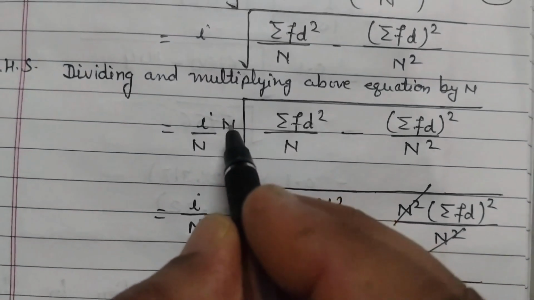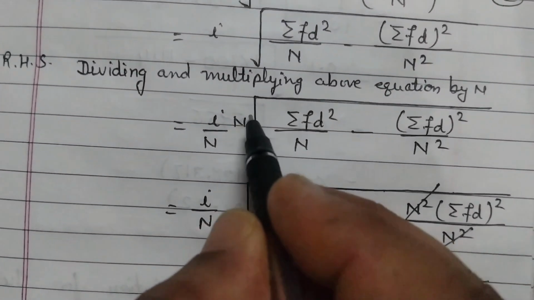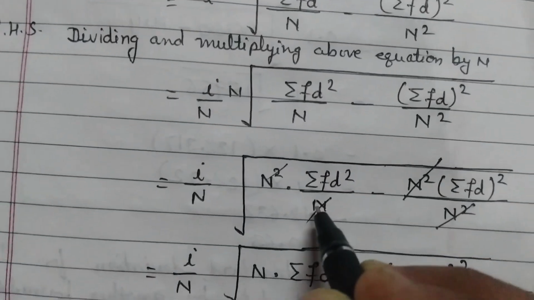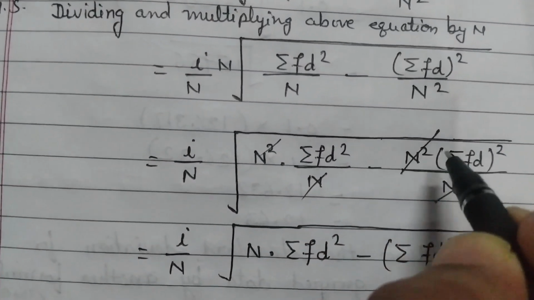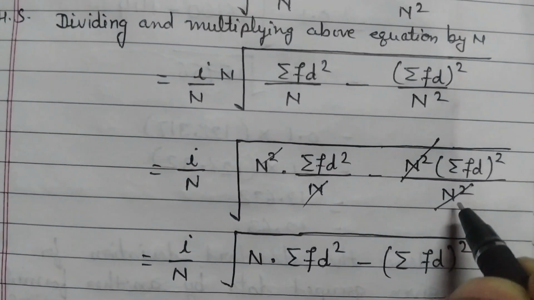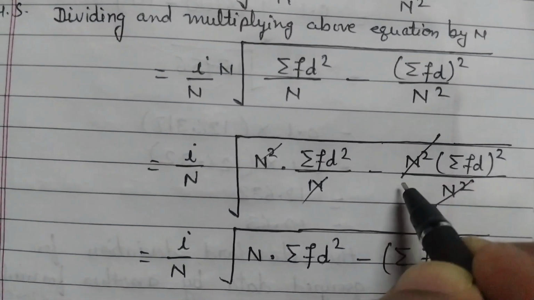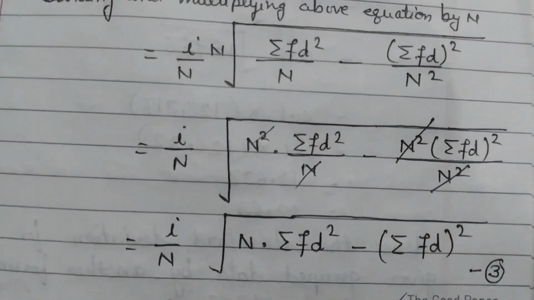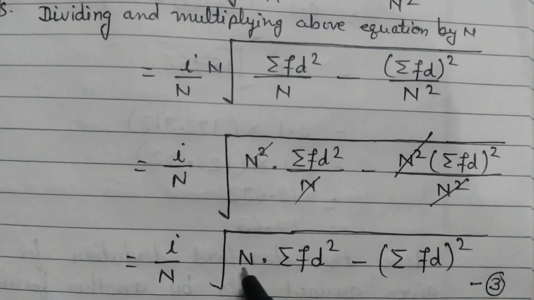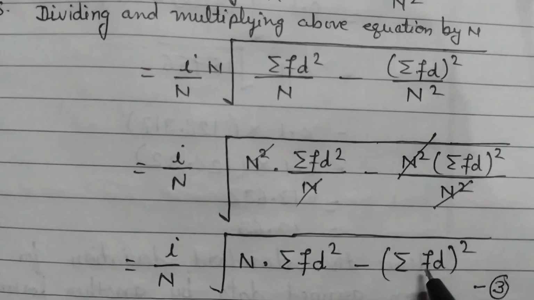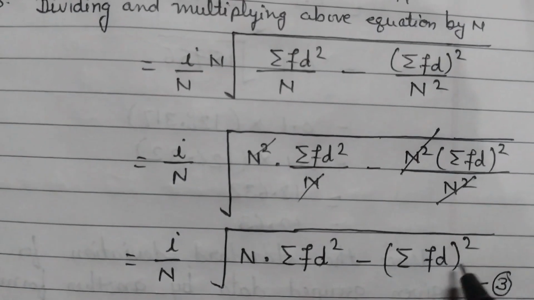Now insert this n in the square root, so n will become n square. So n square summation fd square by n minus n square summation fd whole square by n square. Cancelling this n square with this n square, and the power of n square with this n, we have I over n under root n summation fd square minus summation fd whole square.